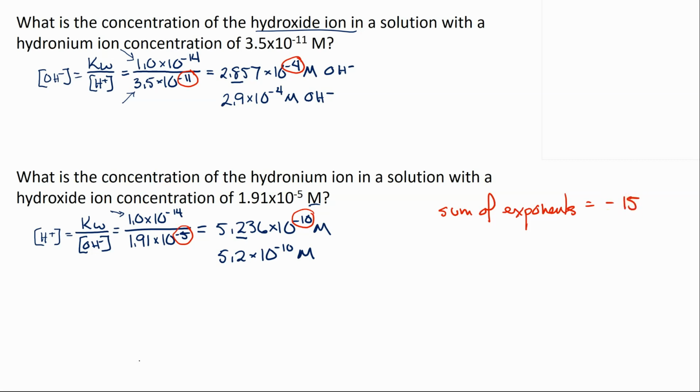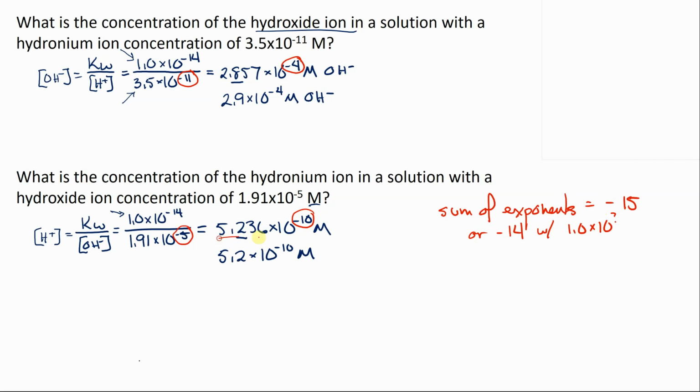And the exception is that it might be negative 14 with 1.0 times 10 to the something. So if your number in front is exactly 1, you'll get a sum of exponents that's negative 14. But this is a very simple way to check that you haven't made a calculator error in typing your numbers in.